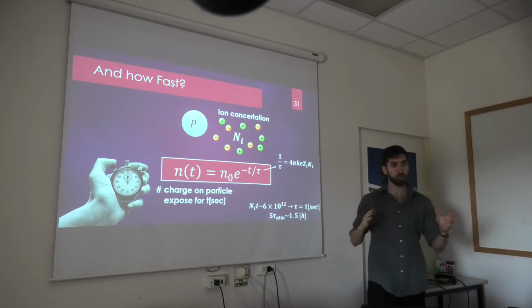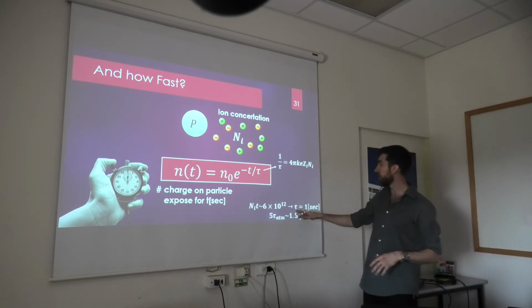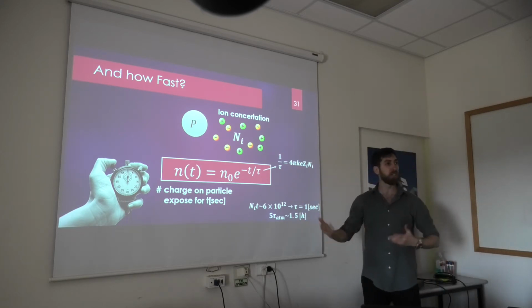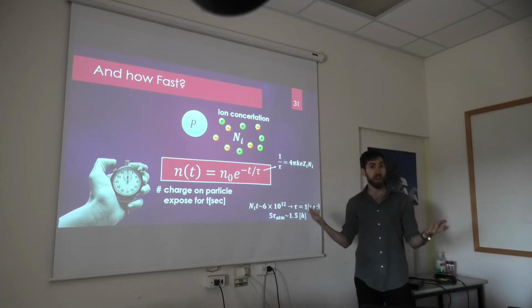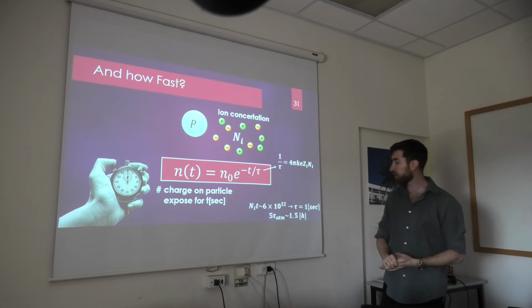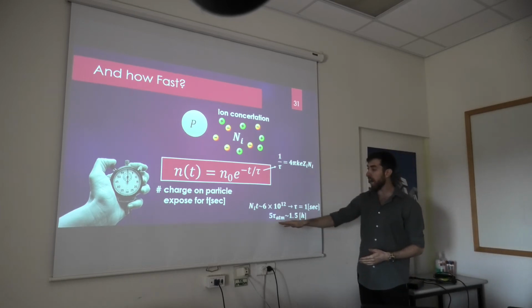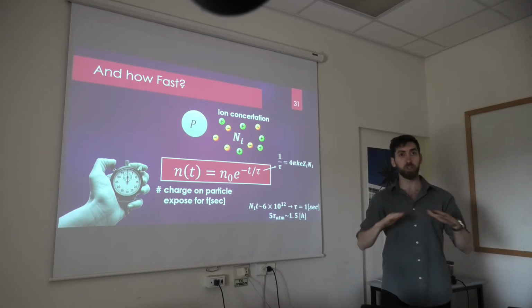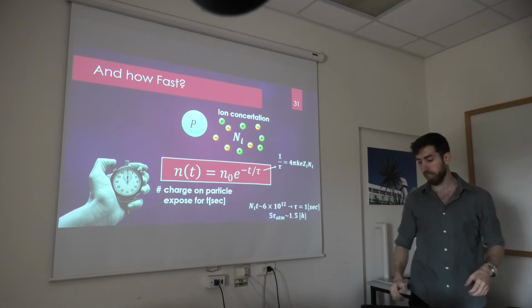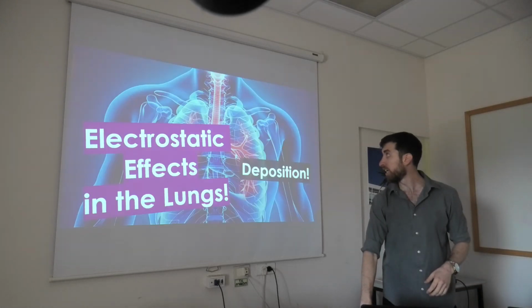You know the time estimation, tau is going to be 1 second, which means 30% of the procedure is already finished. So 2 seconds, 3 seconds, 5 seconds, it's 90%. Okay, and in the atmosphere, this can take around 1.5 hours to actually get a neutralized state when particles get charged in the atmosphere.